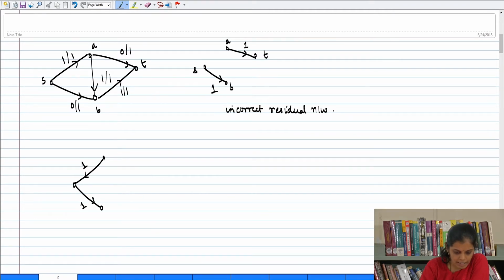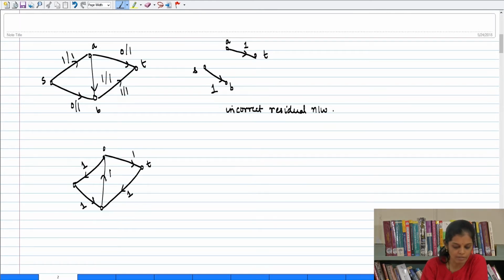What about the edge A to B? It has a flow of 1, so it will not be there, but there will be an edge from B to A which has capacity 1.